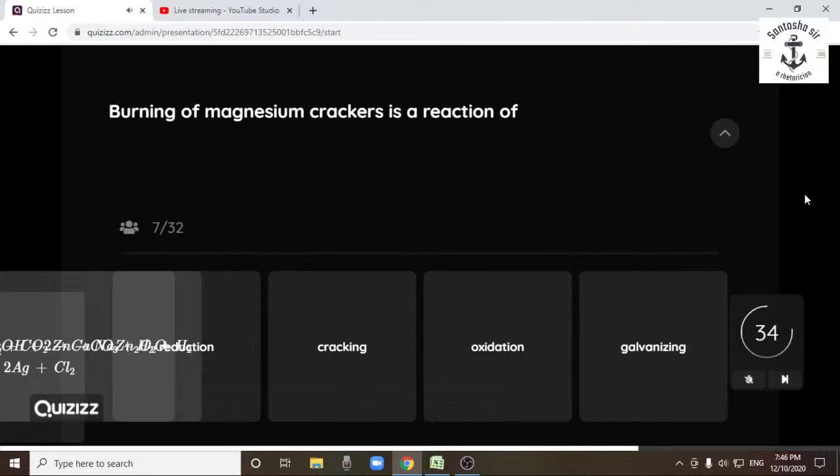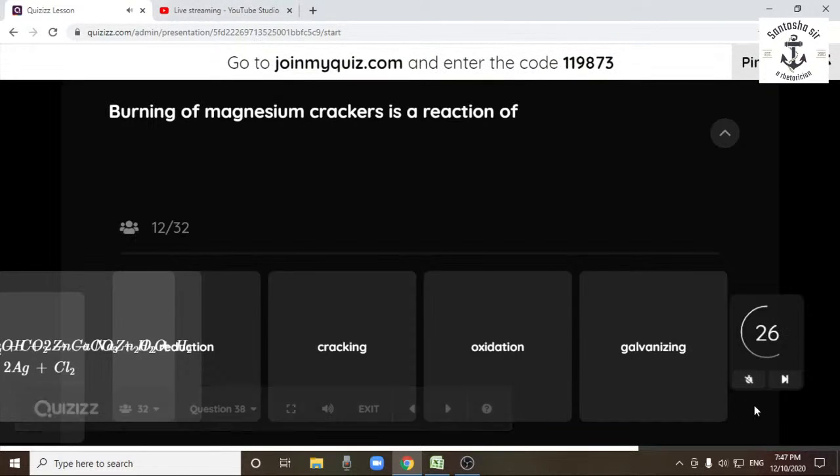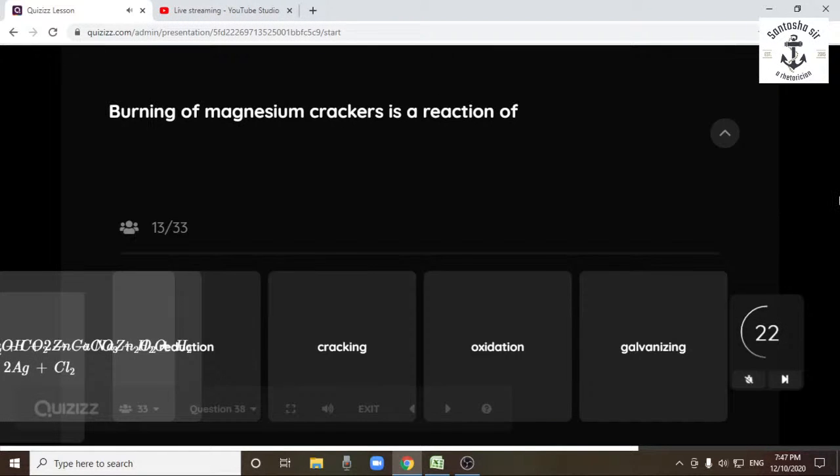Okay, burning of magnesium crackers is a reaction of... Twenty seconds.